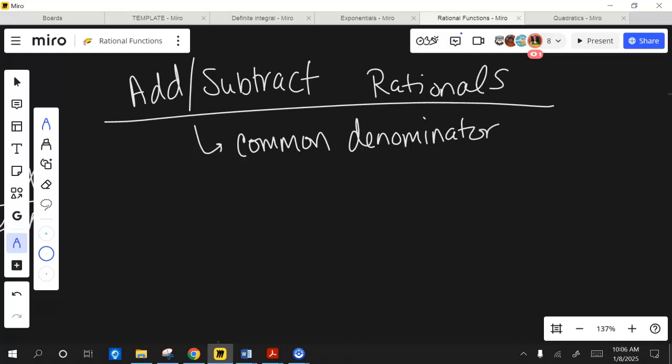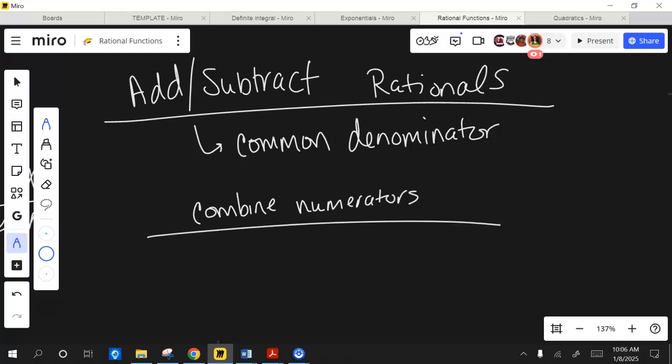And once you have that common denominator, then you combine the numerators and you put them over that common denominator. Agree or disagree? So we only add or subtract the top, but we keep that common denominator there. Yes, do we all agree? All right.